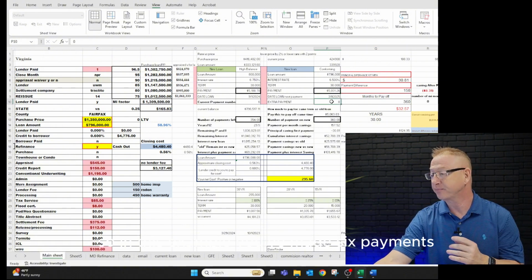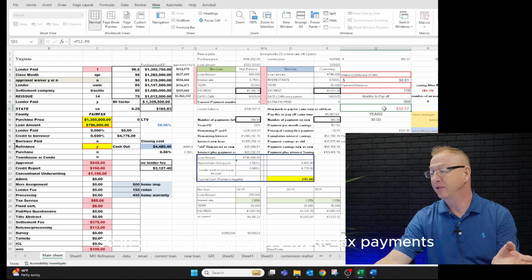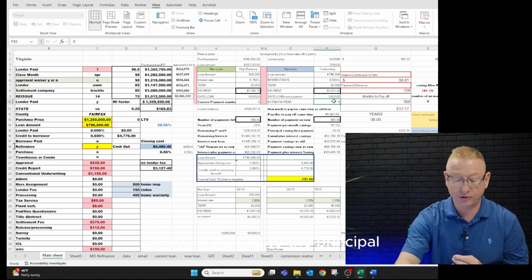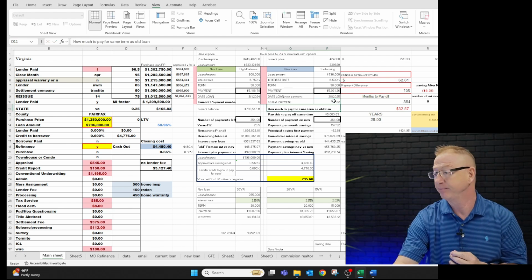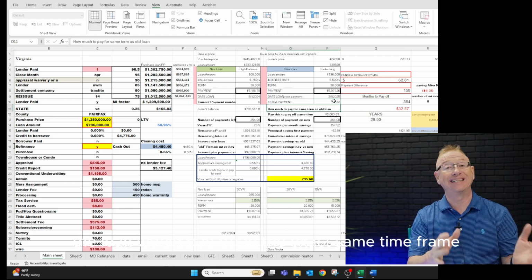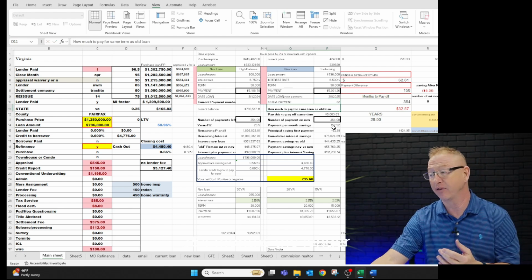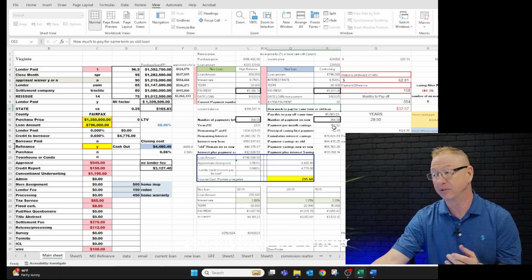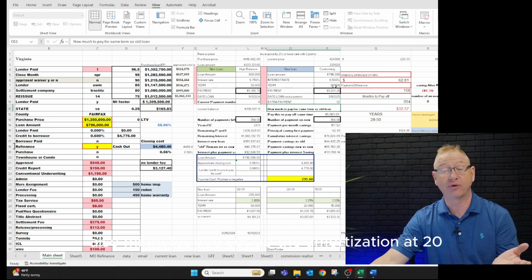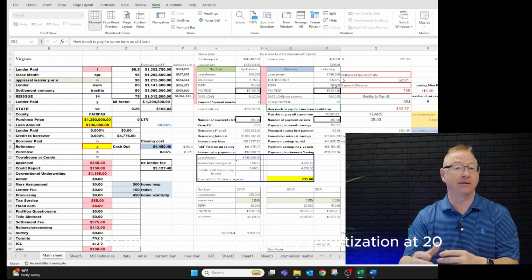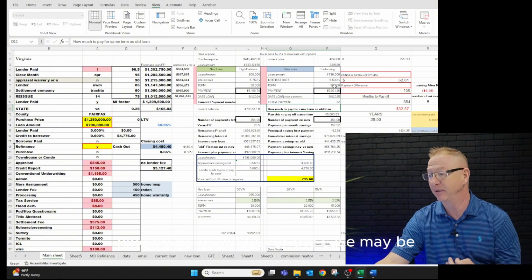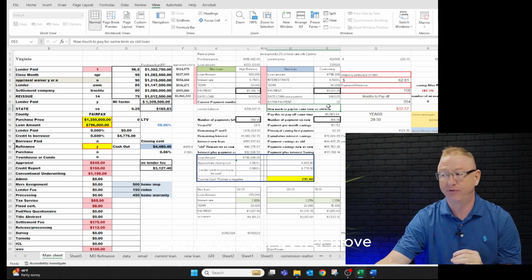So in this example, you've made 6 payments. If you paid $32 to the principal, the loan would pay off in the exact same time frame, 354 months. The lender also might let you set up the amortization at 29 years or whatever the case may be. But here's your power move.